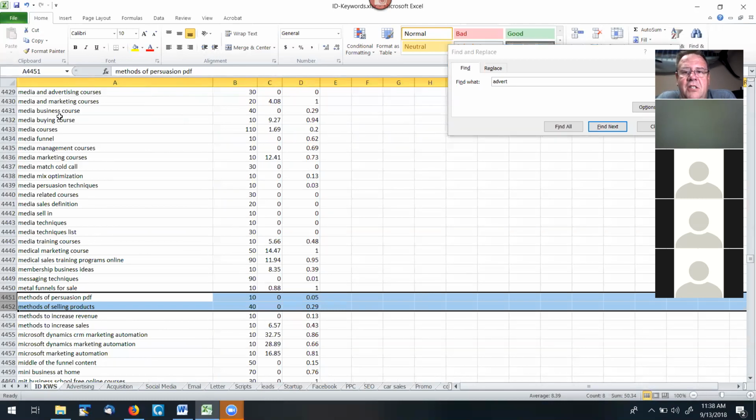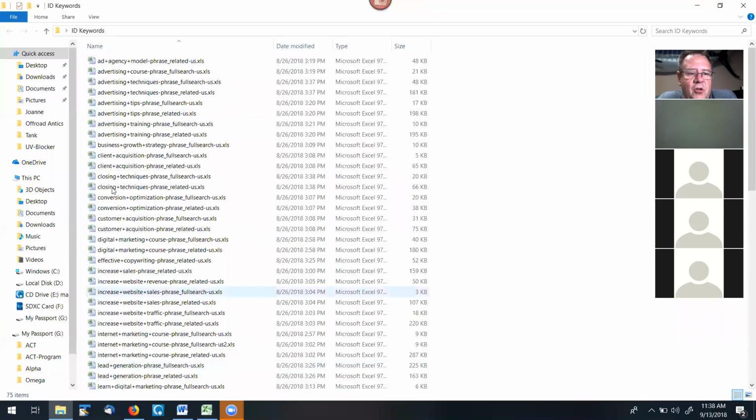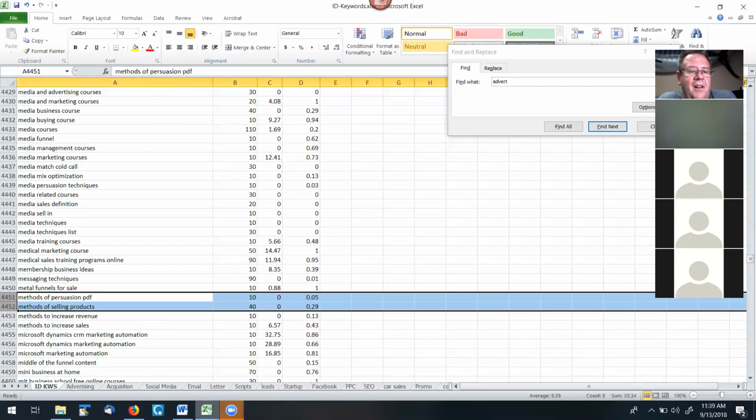So you guys should be doing the same thing. You should be going back, creating different Excel spreadsheets of keywords based on the keywords in your industry, whatever it is that you're selling. You want to figure out every possible search variation for that and everything related to that, and create a jumbo keyword file here.